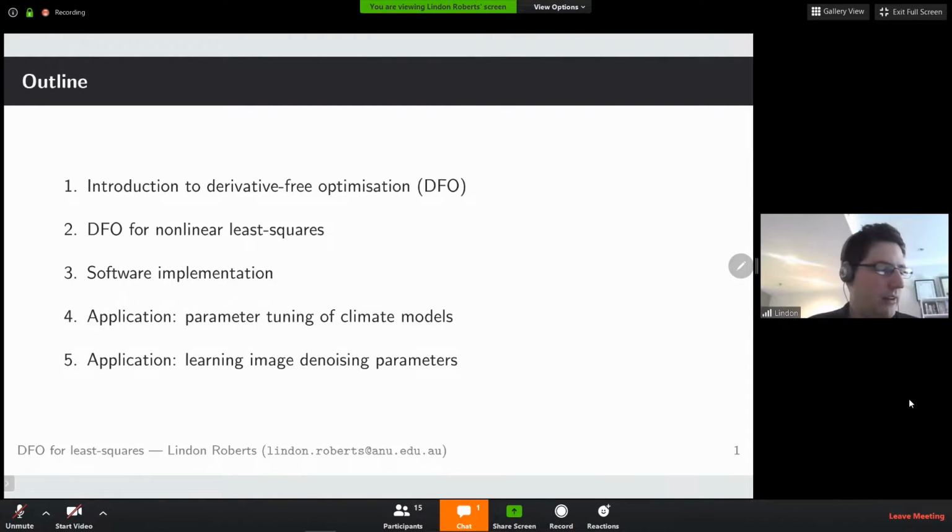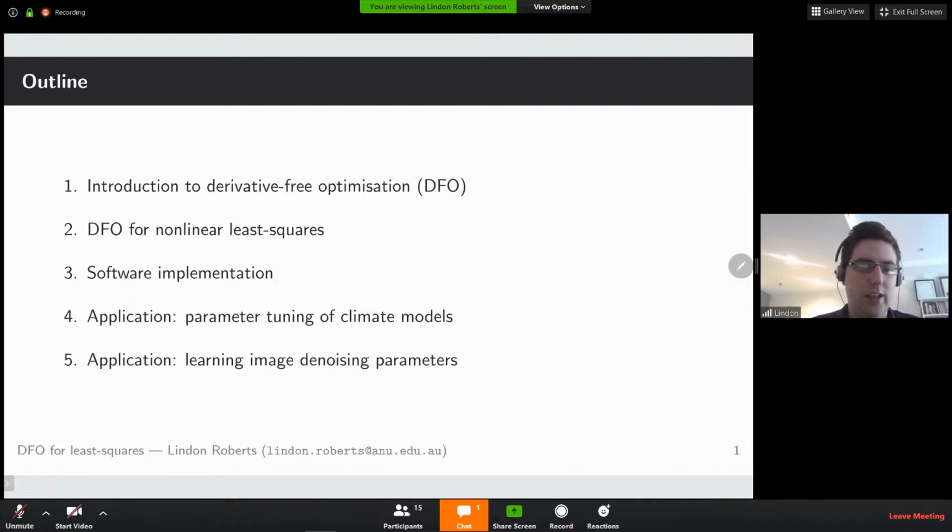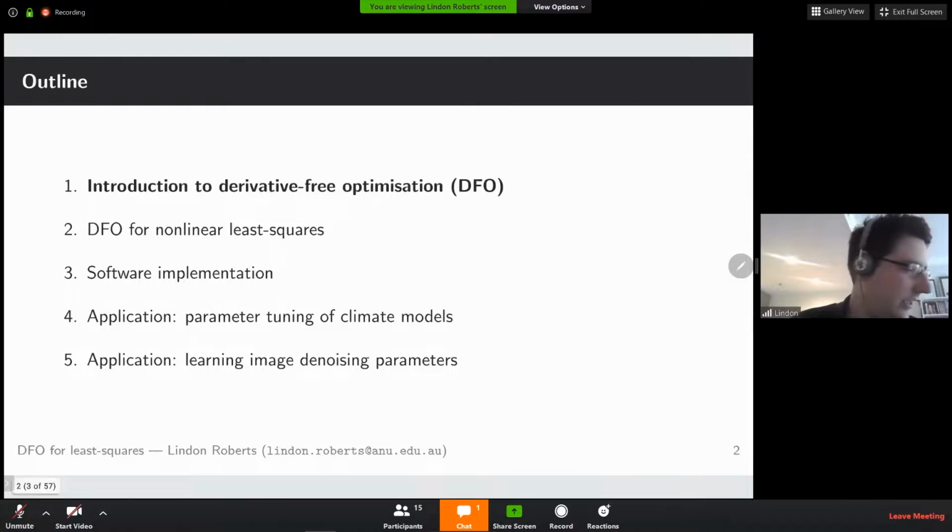I'll talk a bit about what we do from a software perspective to make these algorithms work a little bit better in practice. And hopefully I have a bit of time at the end to talk about the two applications I mentioned, which is tuning climate models and learning image denoising parameters. So we'll see how that goes for timing.